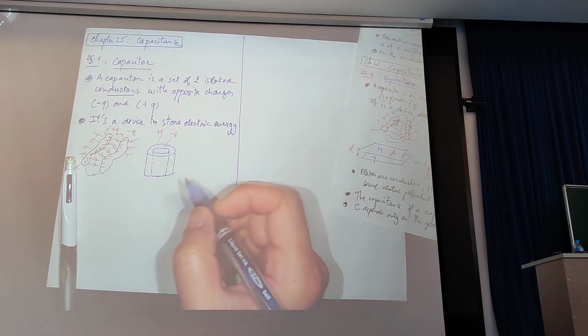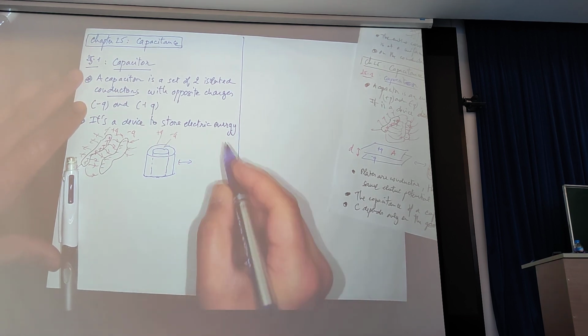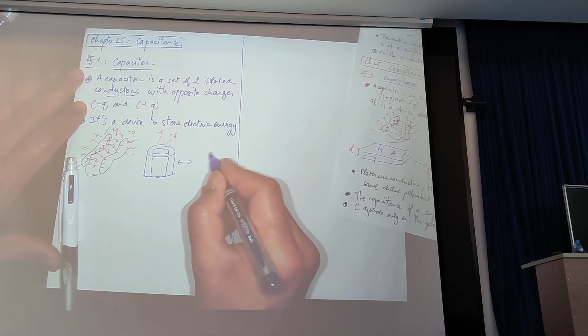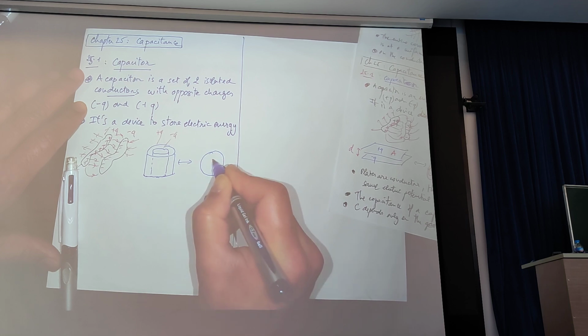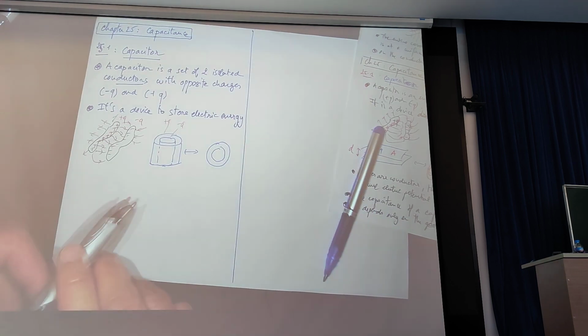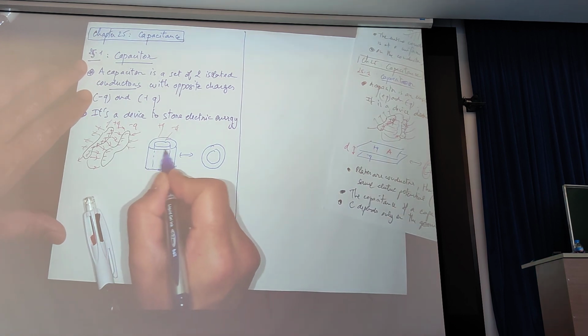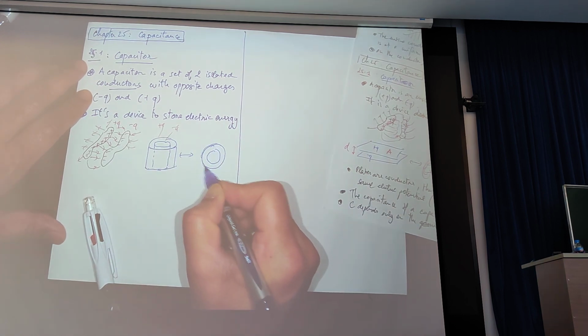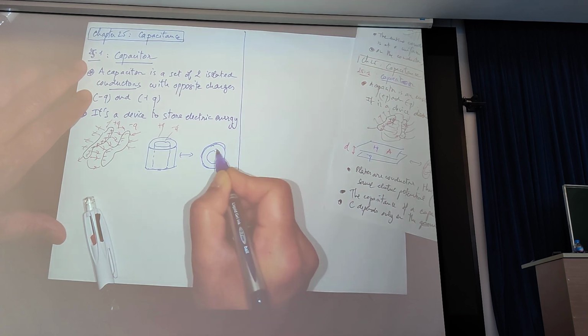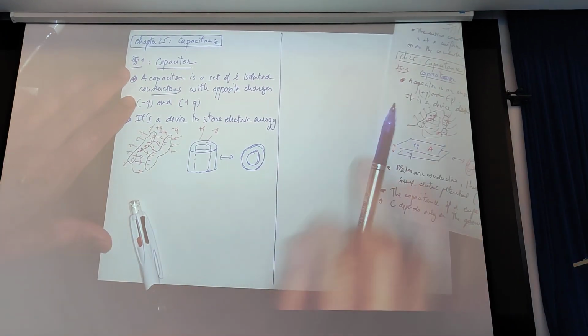And if you look from above, you have something like this. So this is a cylinder capacitor.